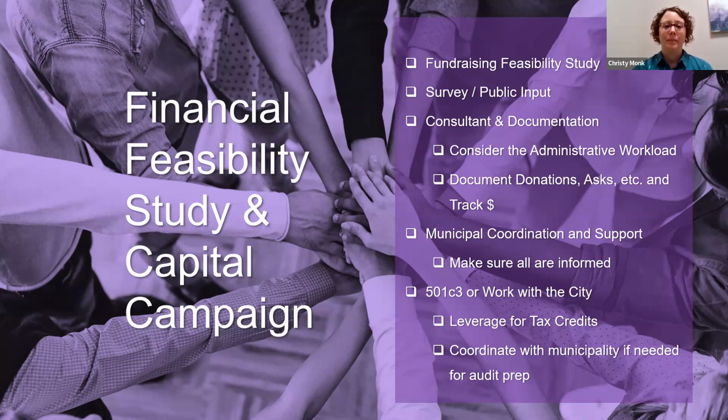This is a general process. Some communities may have the ability to have the municipality provide all of the funds for their project. But most often we find the capital campaign as being a needed entity for making a project move forward. So after the feasibility study is done and a range of dollars are developed, usually the consultant then wants some visualizations of what the project might look like, so they can go and test the waters, if you will. And they may do that through a survey.